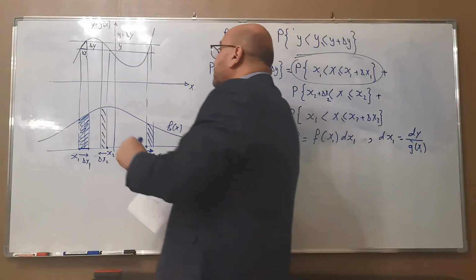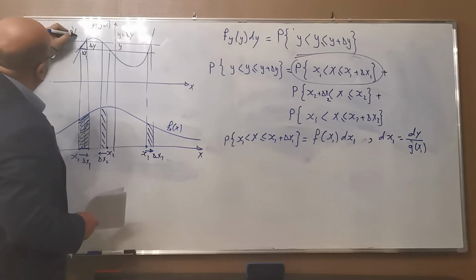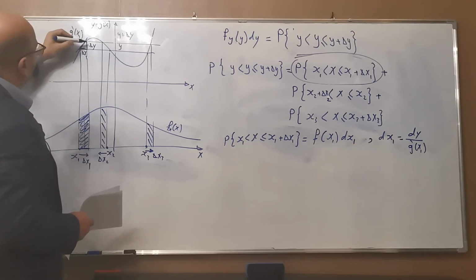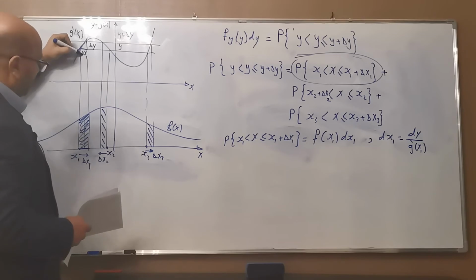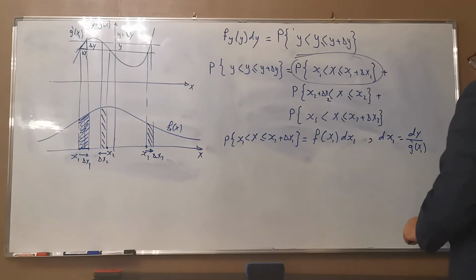So the slope here is g prime of x1, which is equal to dy over dx1. If you divide them, then you will have dx1 equal to dy over g prime of x1.